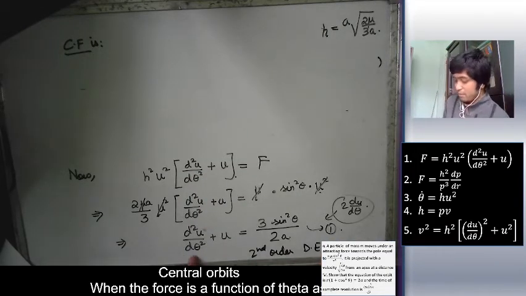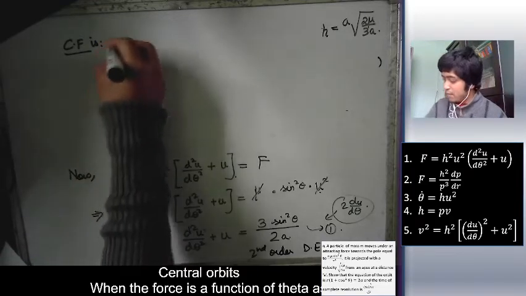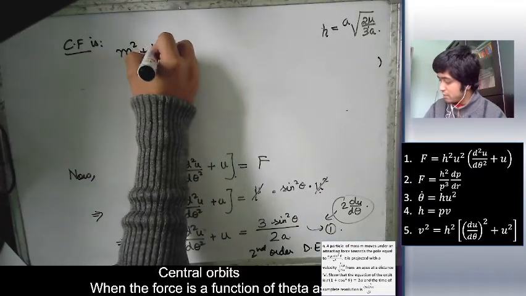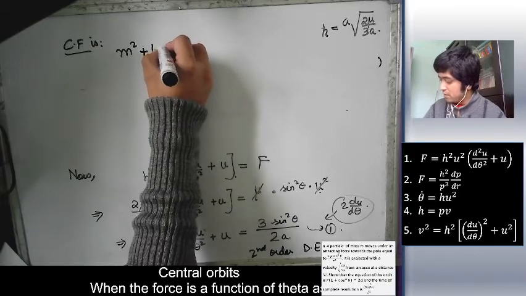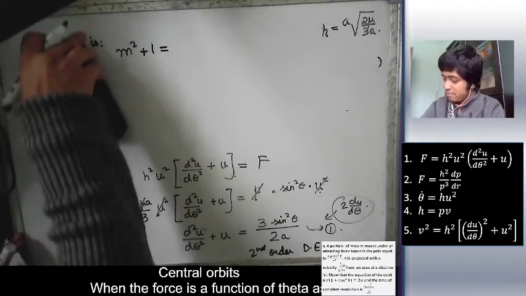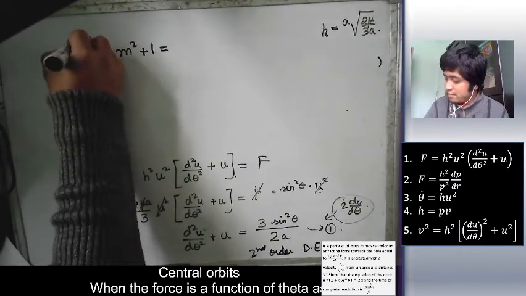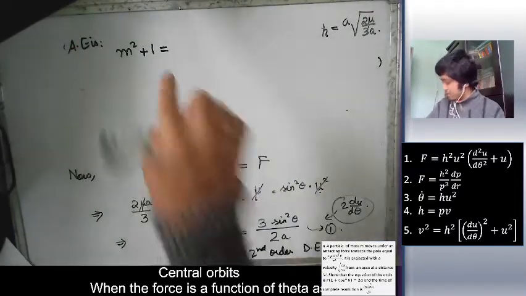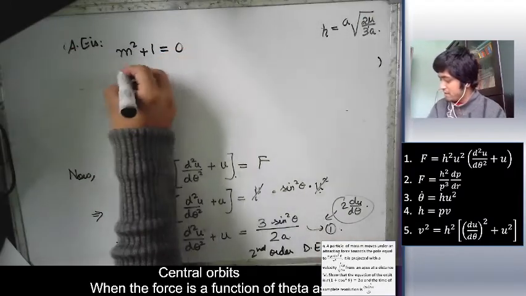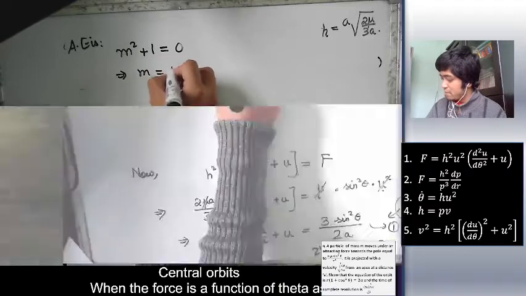So for the complementary function, first we have to find the auxiliary equation. The auxiliary equation is m squared plus 1 equals 0, so m will be equal to plus minus i.